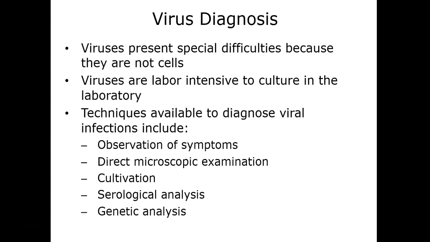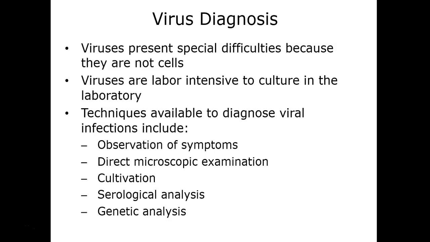We can also do a series of direct observations of viral infected cells using that fluorescent antibody test as well. We can also do a serological analysis. We can detect the antibodies to a virus in a patient's serum sample.